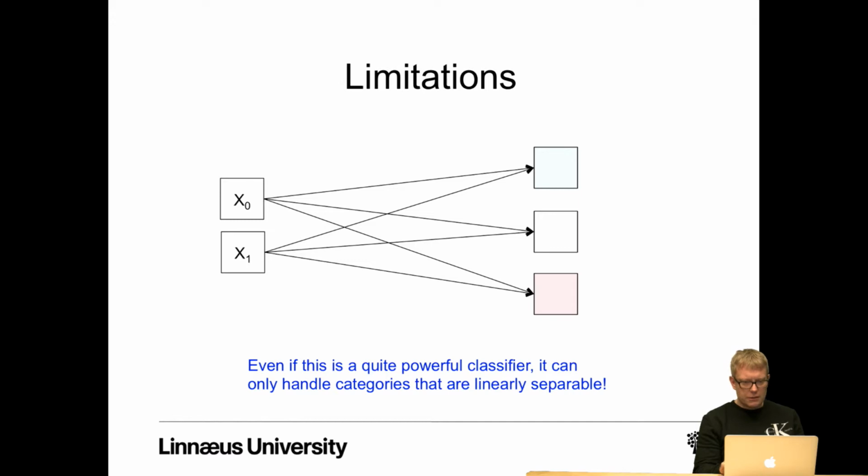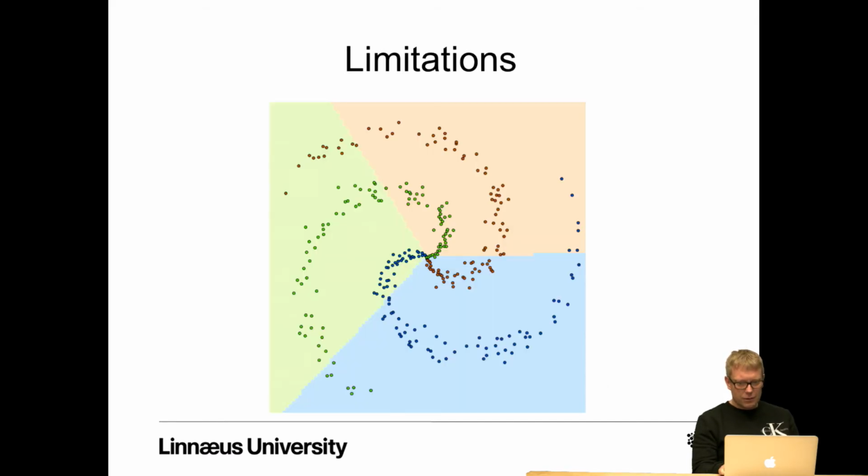So the limitation is that even if this is quite a powerful classifier, it can only handle categories that are linearly separable. So in this example dataset, the spiral dataset, the linear classifier will never be able to learn correctly from this data, so we'll always get quite bad accuracy.